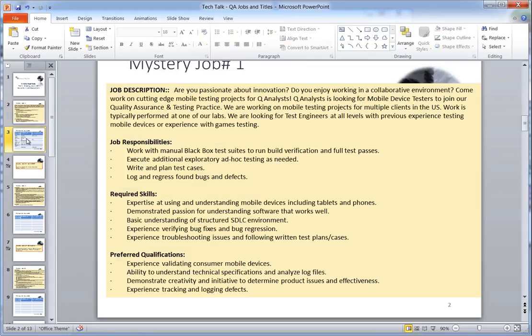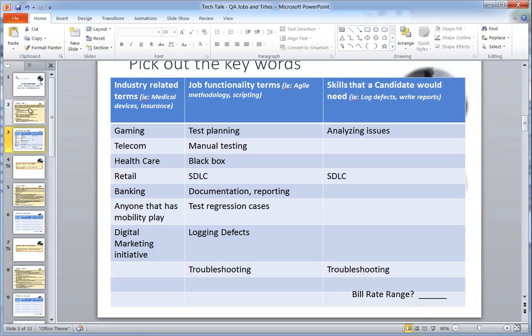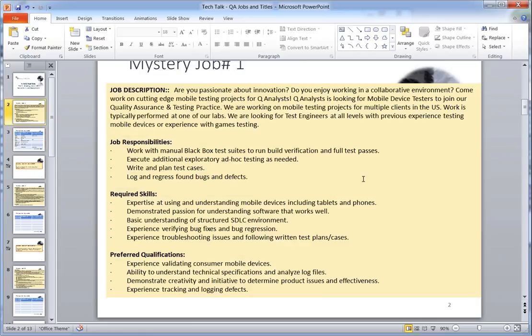Okay, I guess we're now on this side of the column, unless you guys have more. What other things jump out when you're trying to determine a skill of a candidate? Well, the first is being an expert at understanding the devices, right?